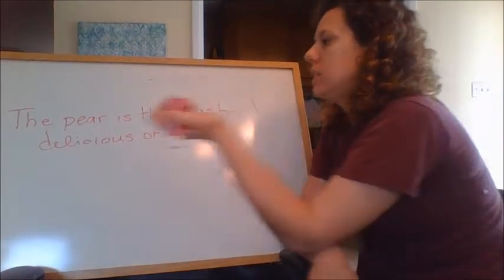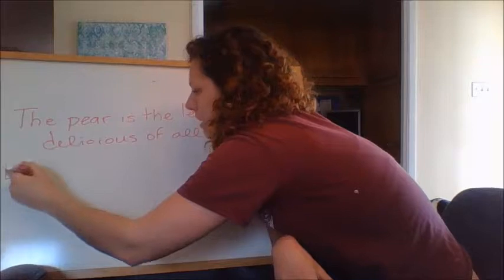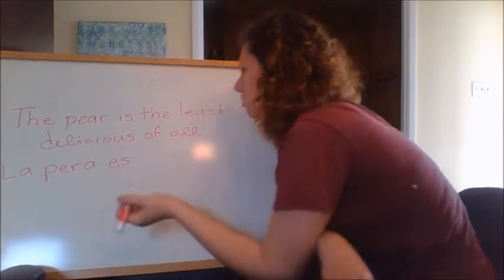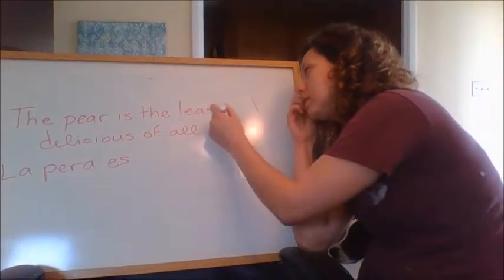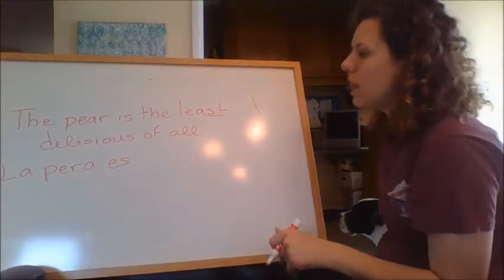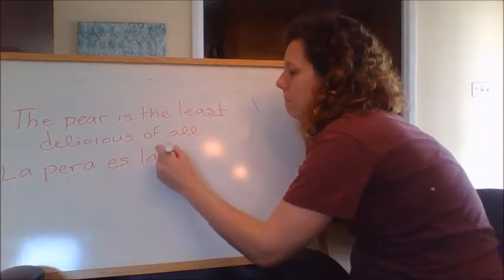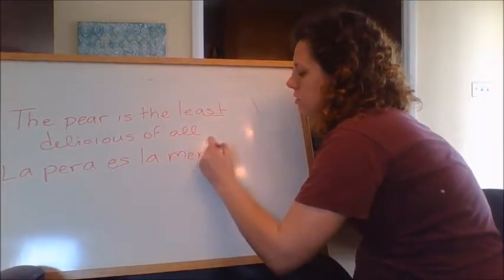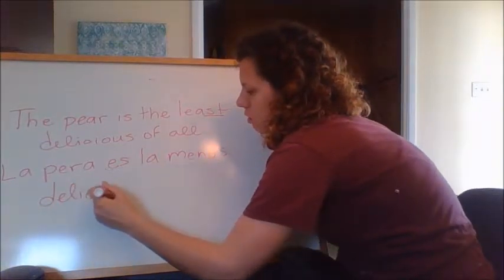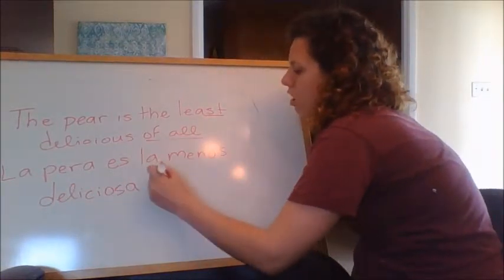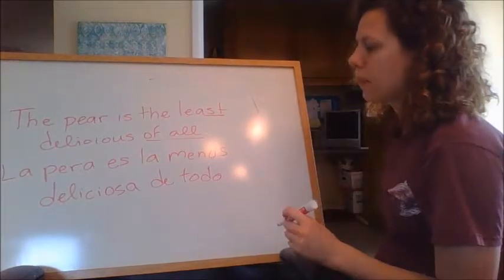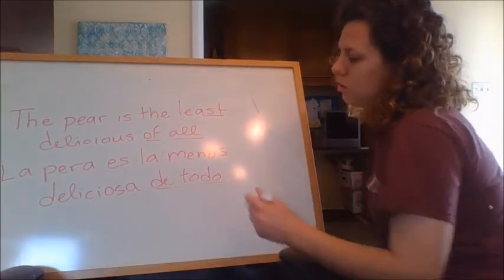So we say la pera es, and because this is the least, it is a superlative. Okay. So we say es la menos deliciosa of all. De todo. Okay. Of all is de todo.